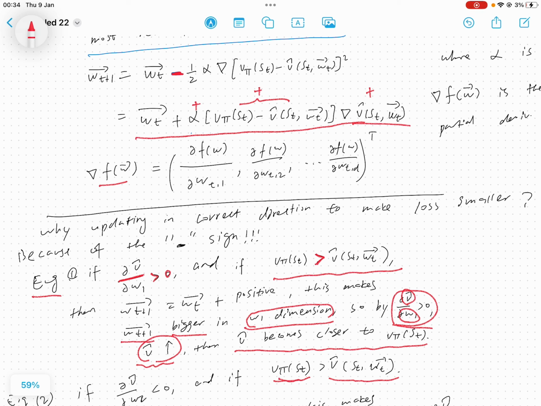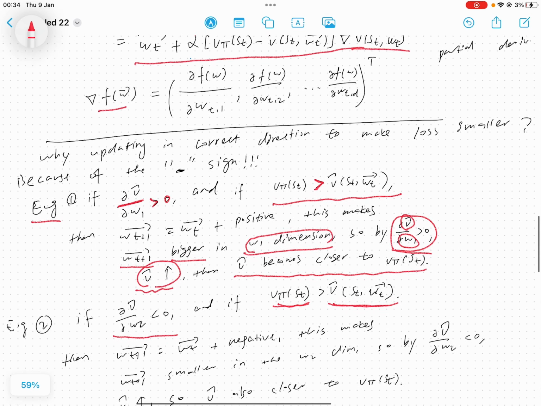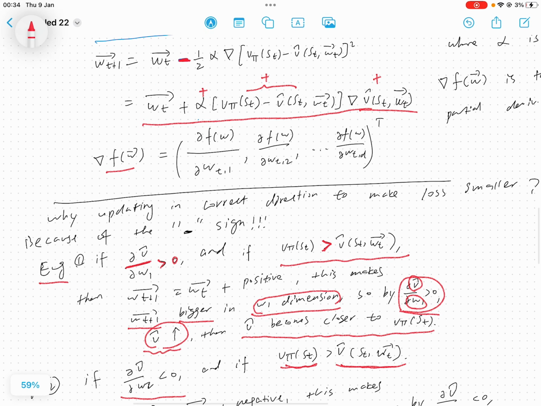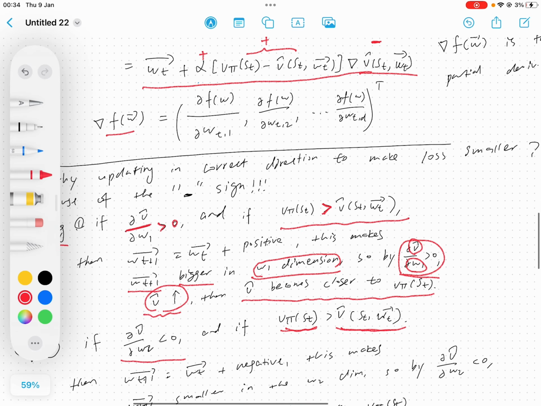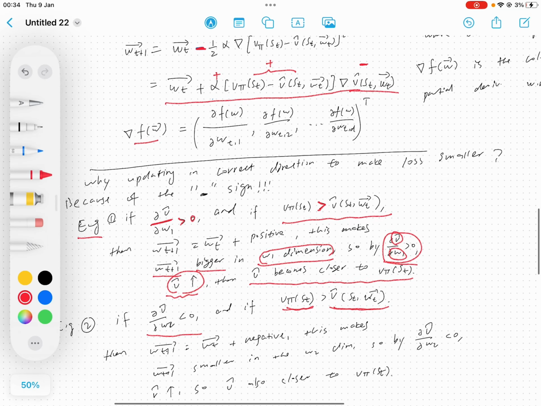If this is bigger than V hat, then this derivative has to be negative, because V hat is decreasing in W2. Alpha is still positive, and this is negative, so w_t is going to minus something, or plus some negative thing. So this will make w_{t+1} smaller, but just in the second, W2, dimension.